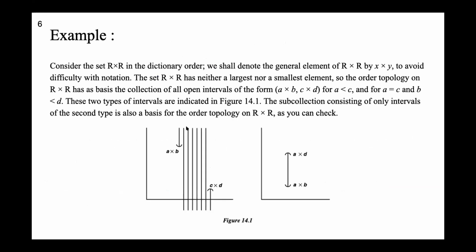Okay, let's move to an example here. So if we consider the set R times R in the dictionary order, and we choose to denote every element of this set X times Y, it's just an arbitrary representation, and we can't say that R times R has a largest or a smallest element.